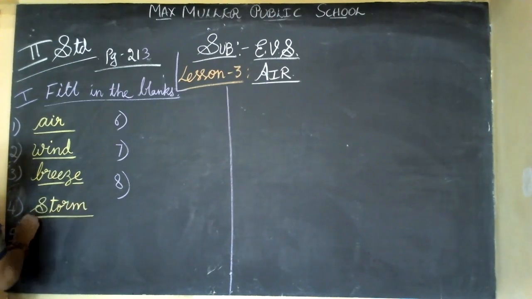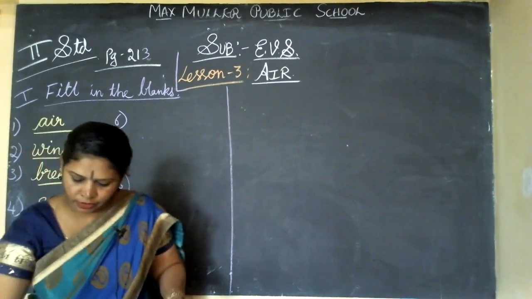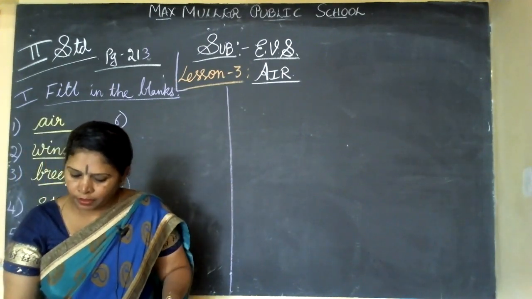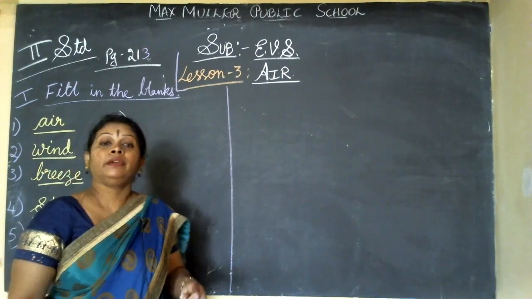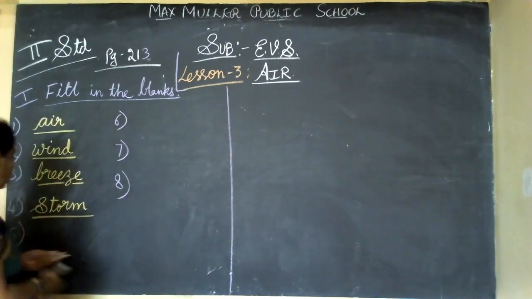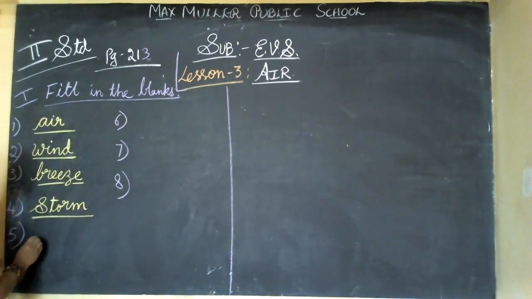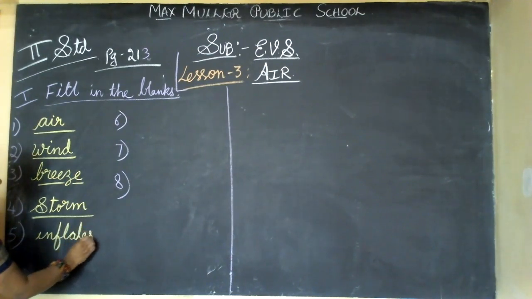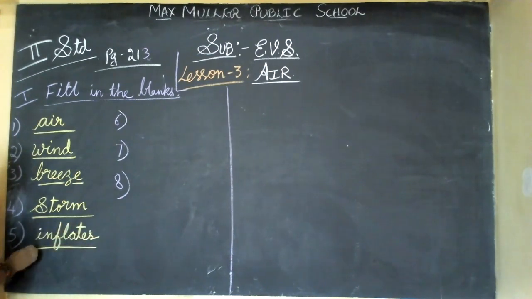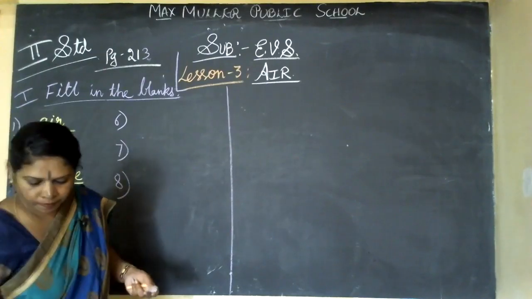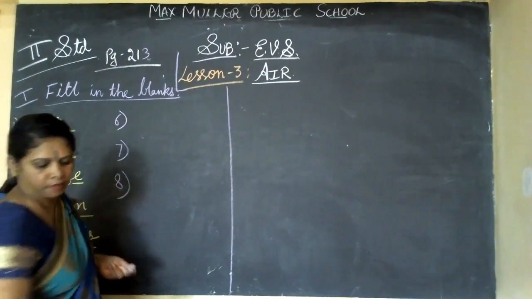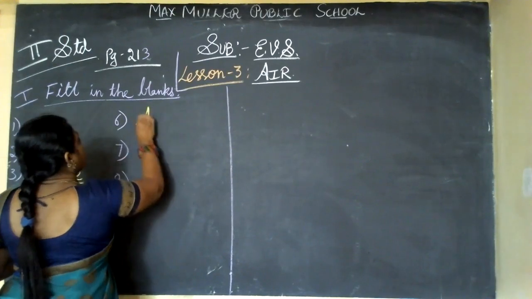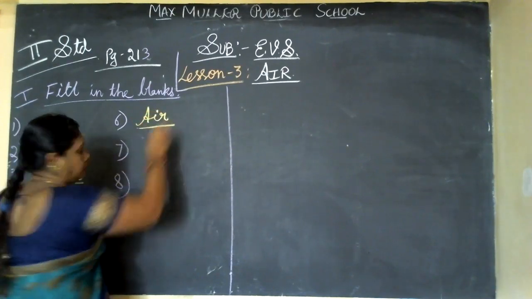S-T-O-R-M, storm. Okay. Now, fifth one, when you blow air into a balloon, it inflates, means the balloon bulges. Inflates. Sixth one, dash helps in burning. Air helps in burning.